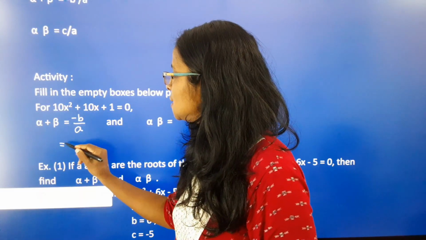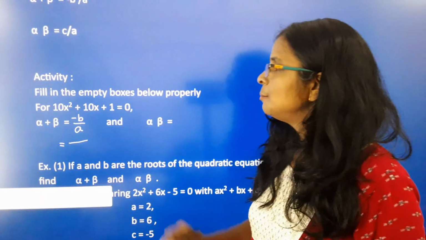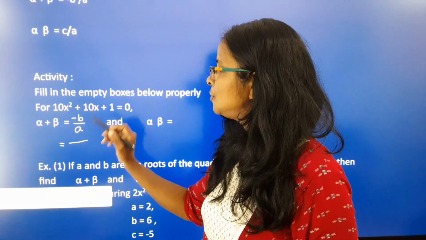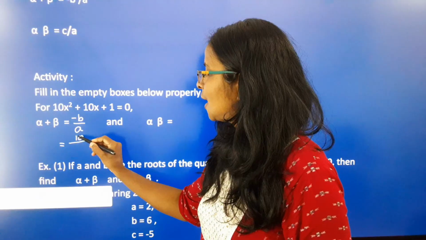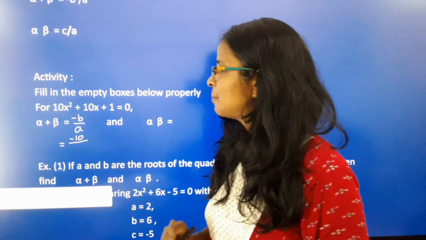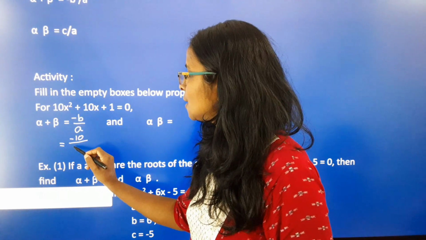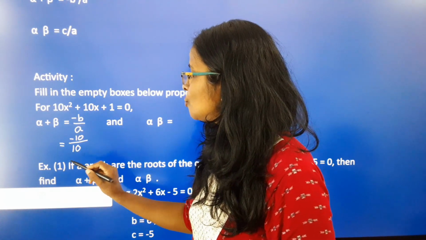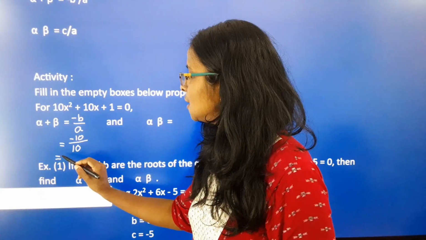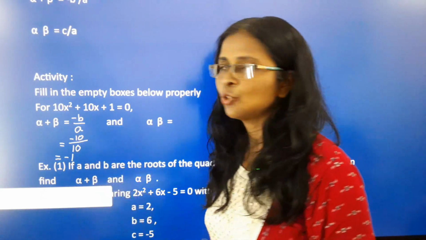Now the b means the coefficient of x, that means 10, and the sign is minus, and the a means the coefficient of x square, and that is equal to 10. So here alpha plus beta is equal to minus 1, students.